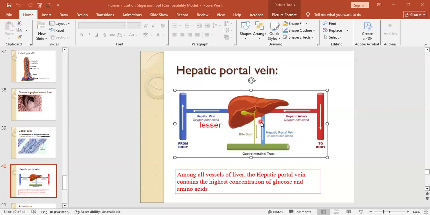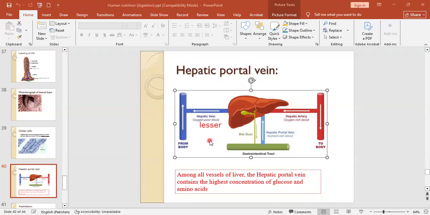And my second question was, after the hepatic portal vein provides the food to the liver, all the nutrients will leave the liver so they can reach the cells, right? The liver has to release the food so the food can reach the cells, correct? So it has to go through the hepatic vein.